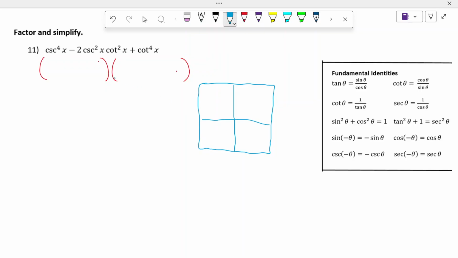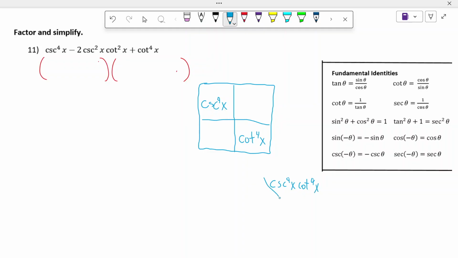Remember for the area model, we put the first term in the first box. That's cosecant to the fourth. And the last term in the last box, that's cotangent to the fourth. If we multiply those, this diagonal would just be cosecant to the fourth times cotangent to the fourth.